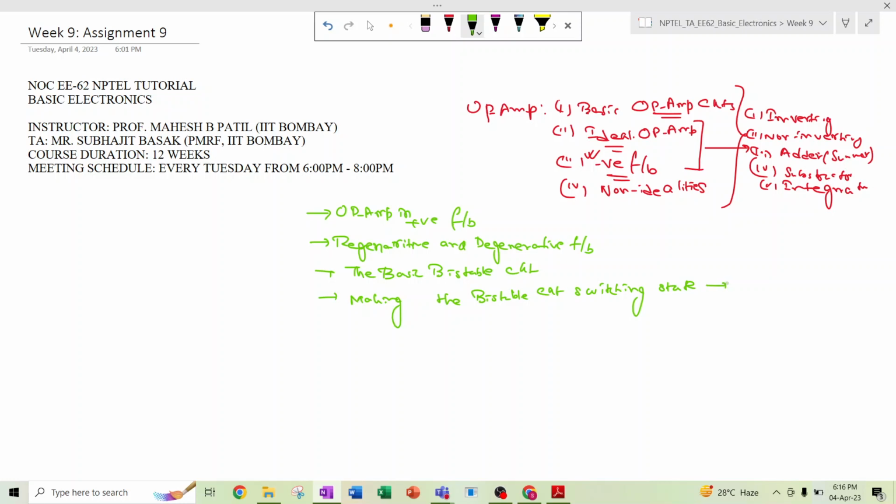This is a very important thing, which is often known as the Schmitt trigger circuit.